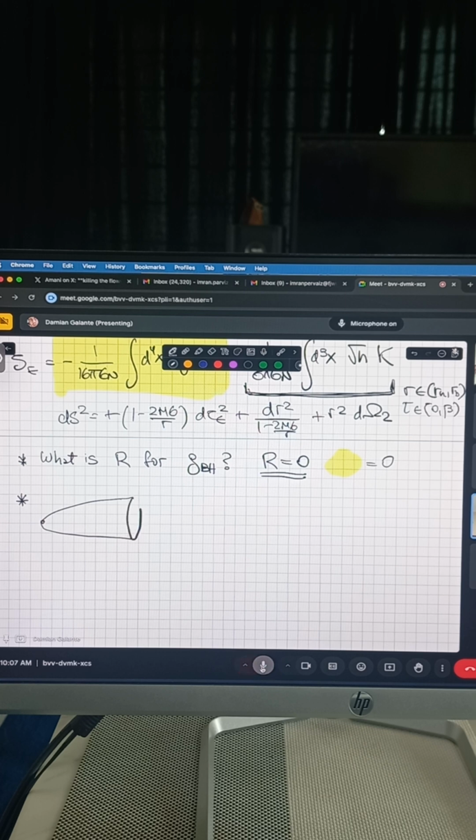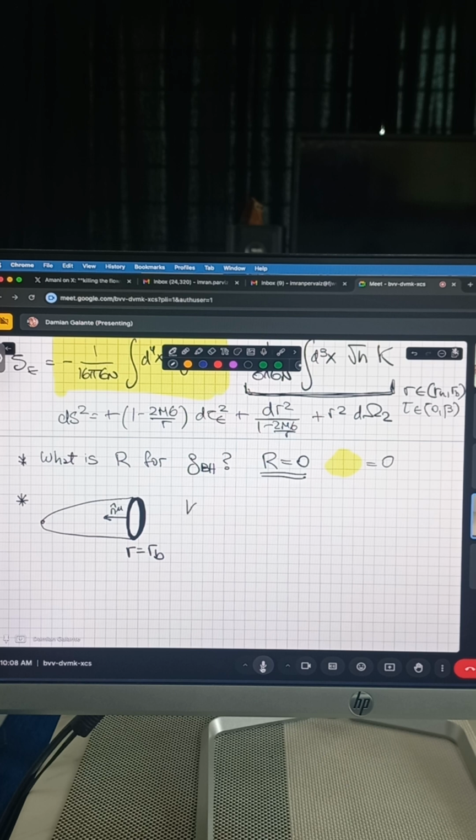So the idea is now I will cut my cigar geometry at some r equals to RB. This surface, well, we also have a two sphere there, will be described by a vector n mu that is normal to the surface.